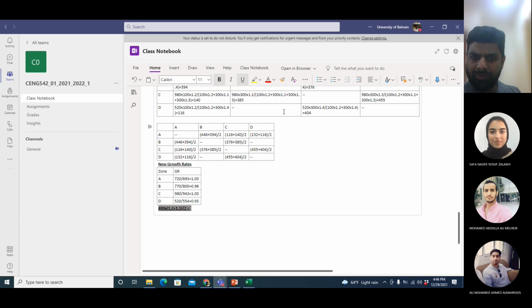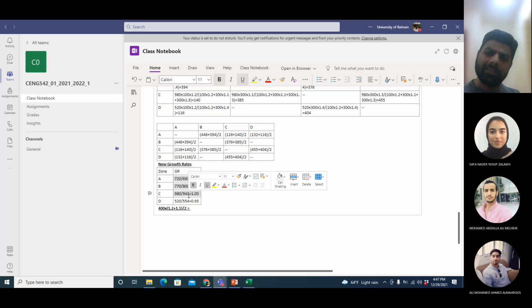Once you fill up this matrix using this equation, you will take the average to make sure the number of trips between A to B and B to A are equal, and then you do the summation of each row and each column, and they should be equal to the total number of trips for future. If they are not equal, you will recalculate the ratios, and then apply the new ratios on the new numbers and so on.